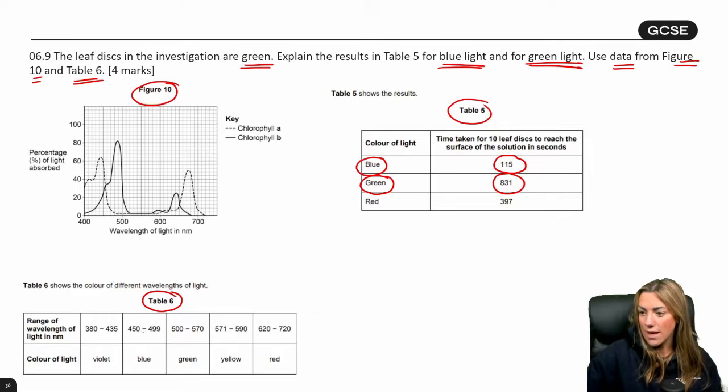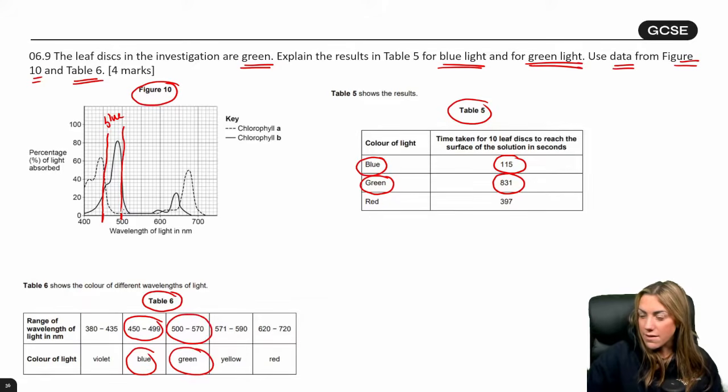Let's use this. So the colour of light, if it's blue, the range of wavelengths is 450 to 499. So about here. I'm going to write that on the graph, I think. And if it's green light, it's 500 to 570.